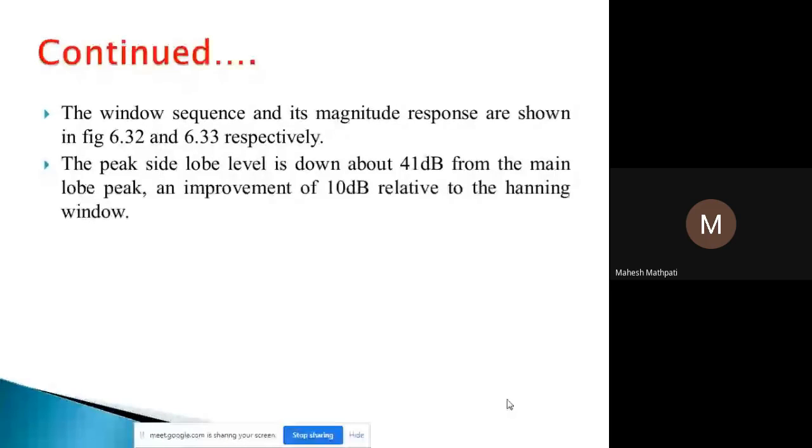This is the main difference with the Hamming window, an improvement of 10 dB relative to the Hamming window. Just note down that one point.